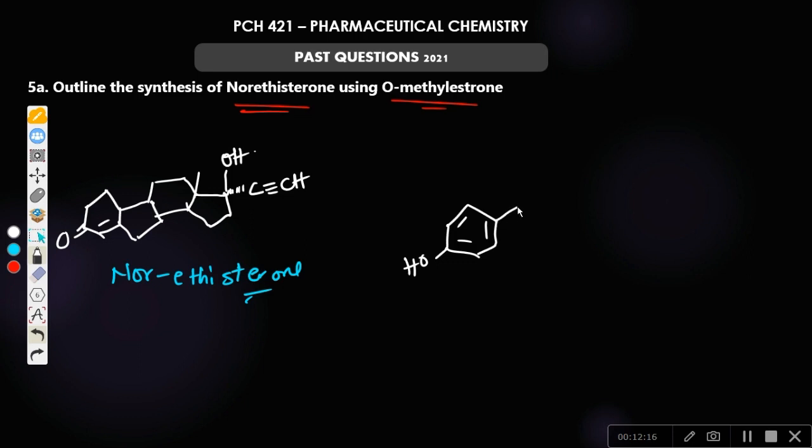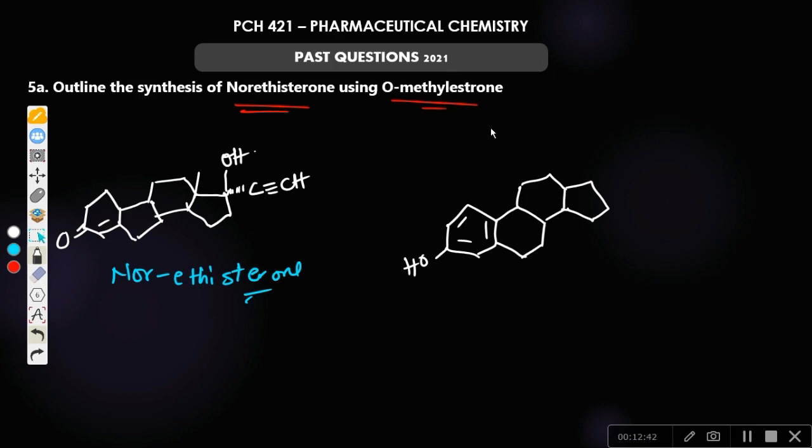Then the other rings are still the same. You have O-methyl estrone, and then you have something like this. Now we want to actually draw estrone.